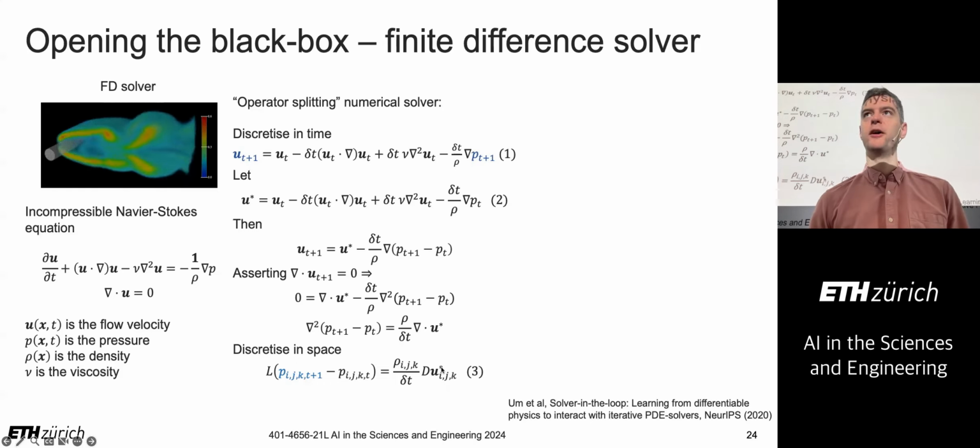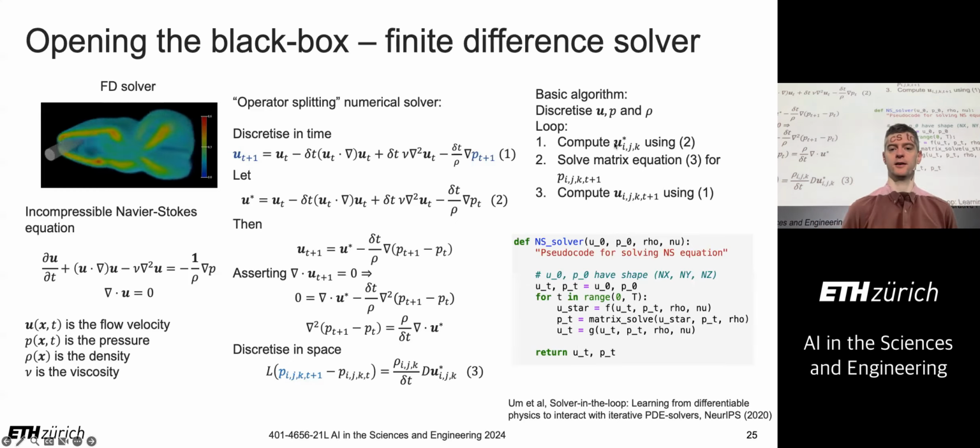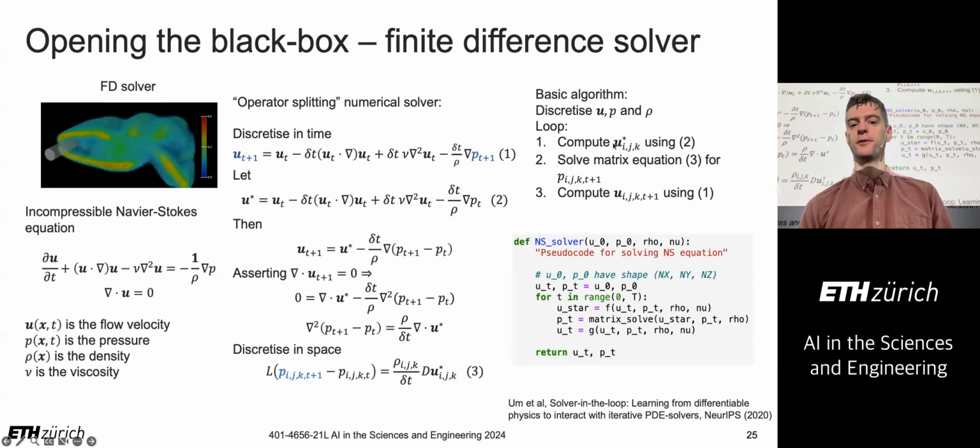So don't worry if that was too fast and you didn't get that. That's fine. All you need to know is the basic algorithmic structure of this solver that I've just described. What I've done is write it down as a loop here, along with the pseudocode of how this solver would work in this box.